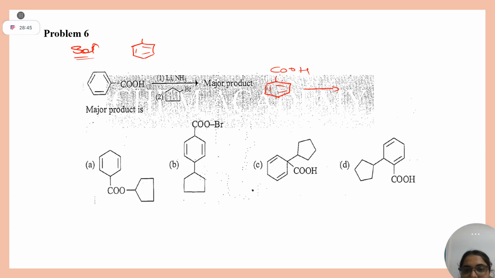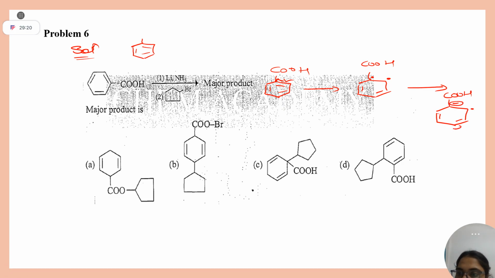Student, first step is you cleave this bond, right? C-OH, radical, right? Now you have your lithium in presence of liquid ammonia, which will transfer here one electron and it will become carbanion.